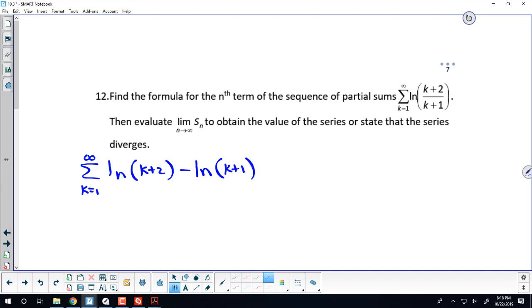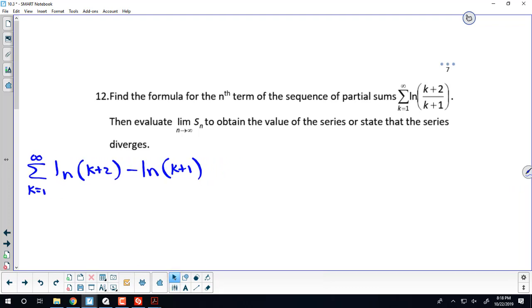So there's a chance that things will cancel because one's positive, the other is negative. And then again, unfortunately, if you think it's telescoping, you just got to write out a bunch of terms, see if things cancel, because you got to know what cancels in particular.